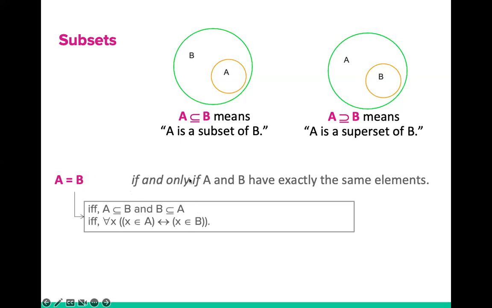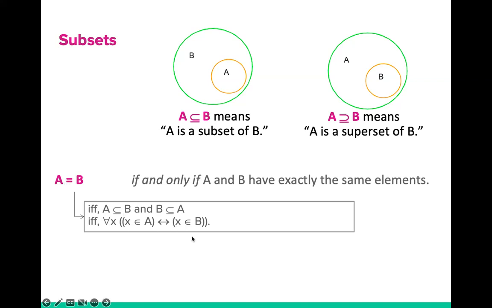And we can express that using the form of subset: if and only if A is a subset of B and B is also a subset of A. Essentially, that means all of the elements of A are in B. Meanwhile, B is a subset of A means that all of the elements of B are in A. So if these two are valid, then we can say that the two sets are equal.